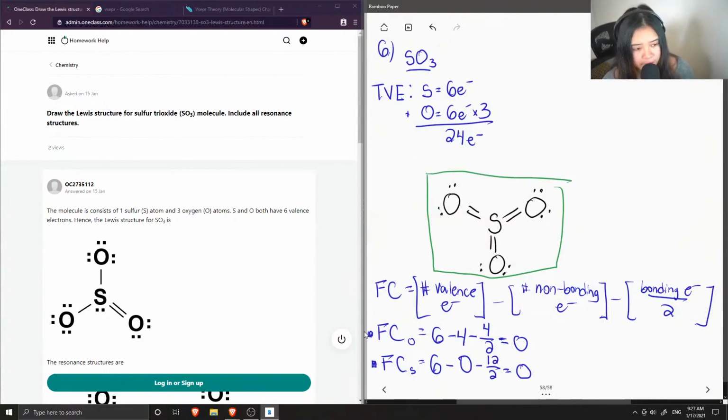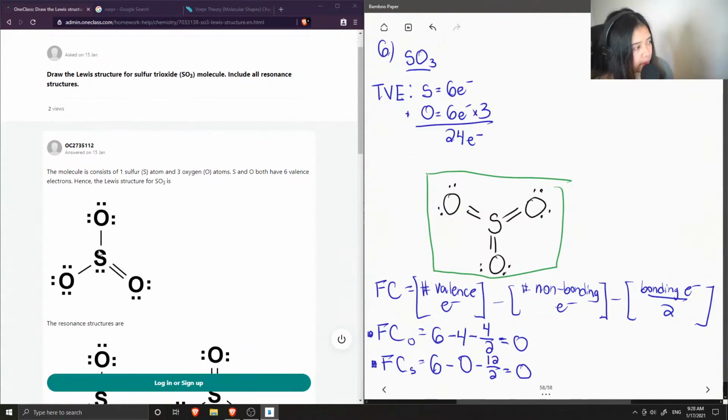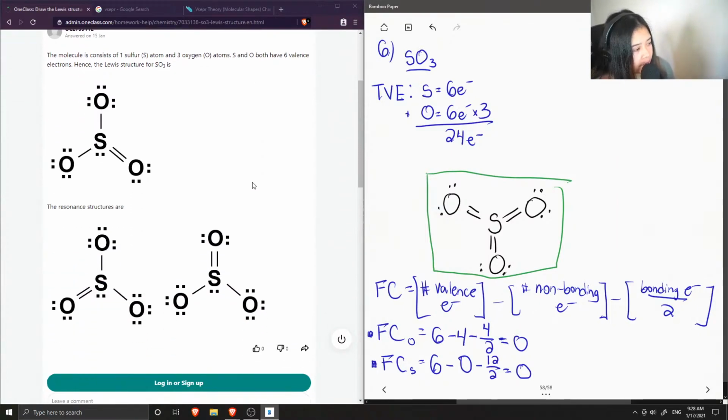So now let's see what the junior tutor said. The molecule consists of 1 sulfur, 3 oxygens. Both have 6 valence electrons.